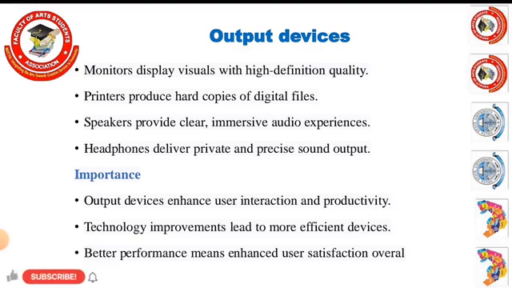Now when you are asked questions like which output device is used to display visual information, of course that's your monitor. That should be the answer. It displays visual information. Now when I ask you what type of output device is used to produce hard copies, as a student, you should know from my explanation thus far that your printer is the output device that is used to produce hard copies of digital documents.